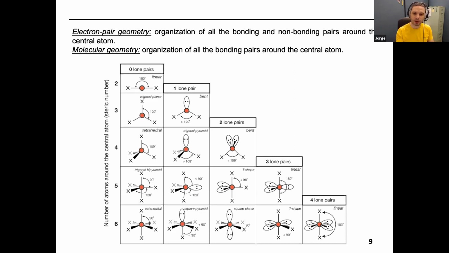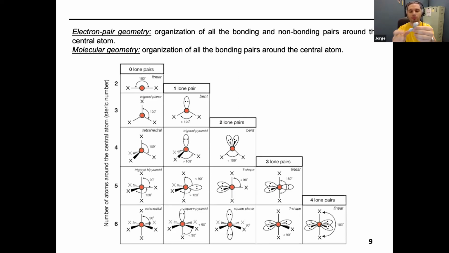And let's take a look now at the case of the oxygen in the water molecule. We know that the steric number is 4. For that case, we have two lone pairs located on the oxygen atom. So therefore, what we have here is four positions.